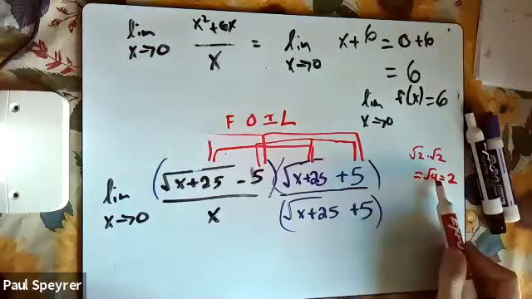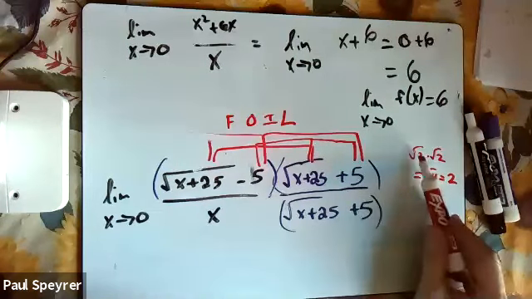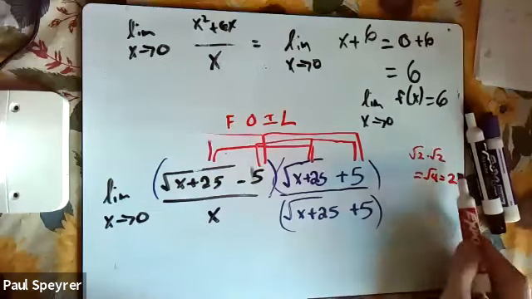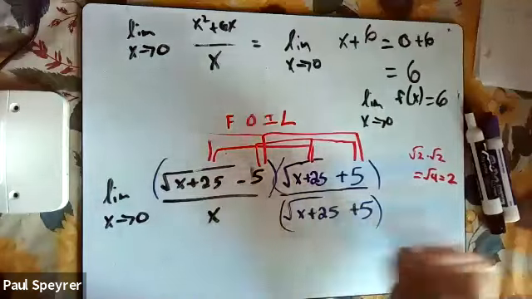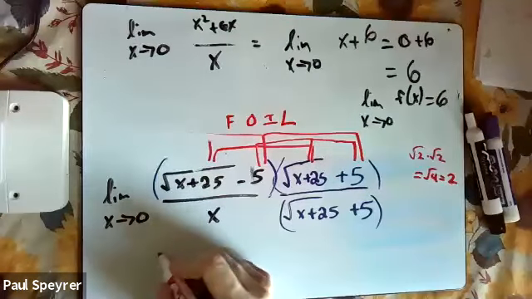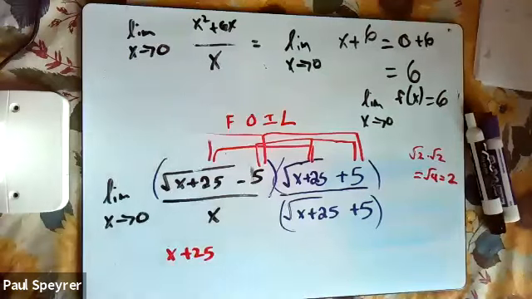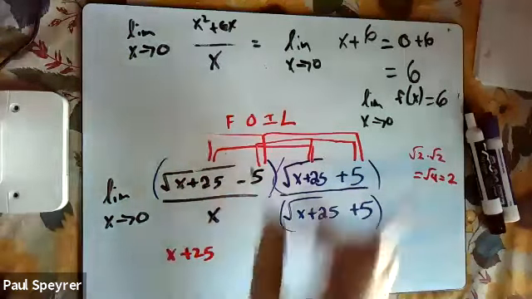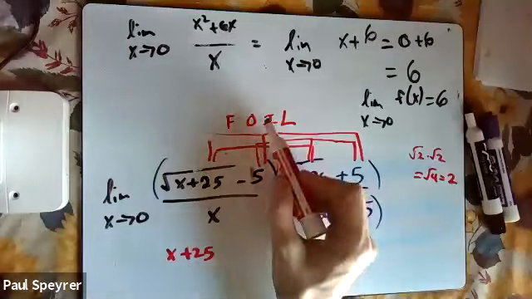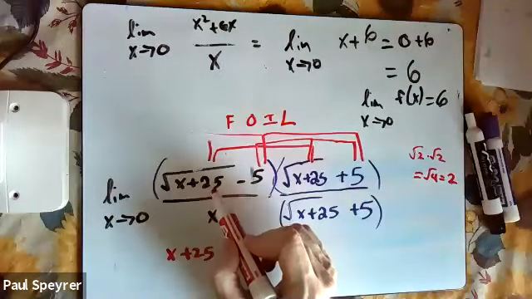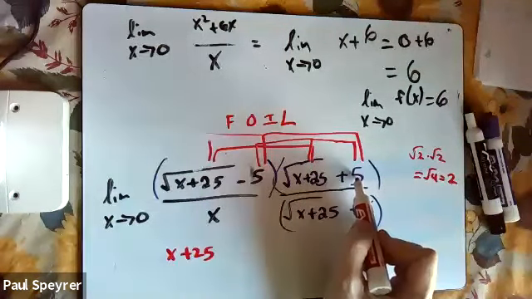But did we have to really multiply that out? You could have, but you could just understand that these two are the same, so the roots get knocked out. Same thing's going to happen right here. So you're going to have x plus 25. That's your first term because the roots just get knocked out. Now we do the outer, which is root x plus 25 times a positive 5.